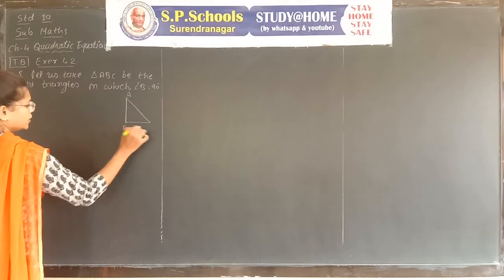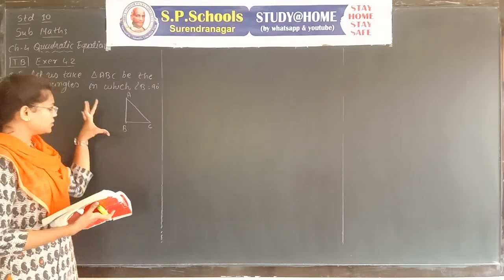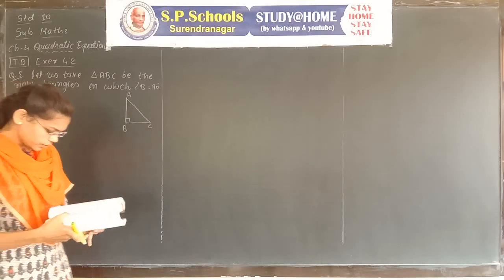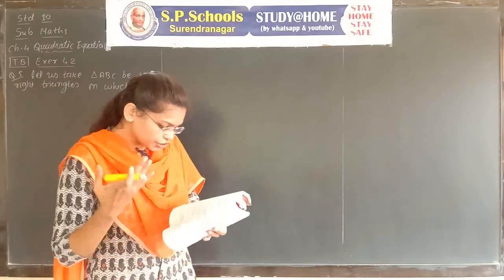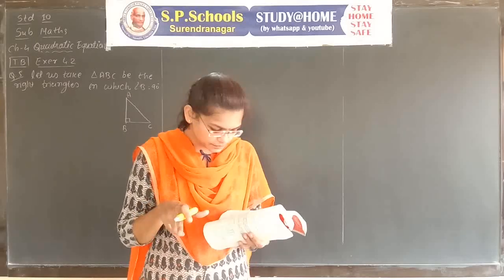A, B, C. BC is the base, AC is the hypotenuse and AB is the altitude, angle B is the right angle. Now in the question, the altitude of the right triangle is 7 cm less than its base.